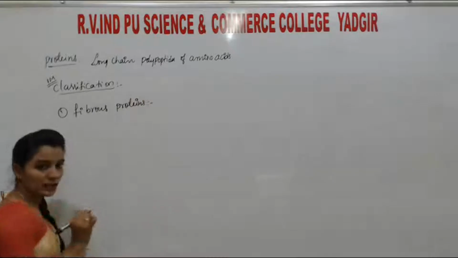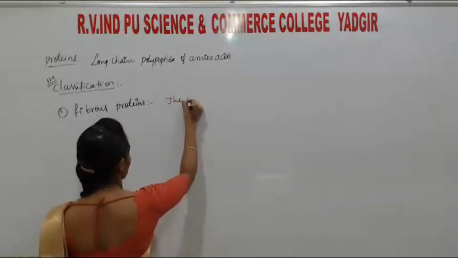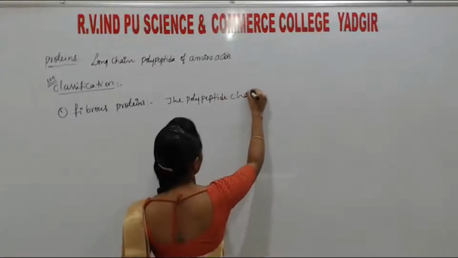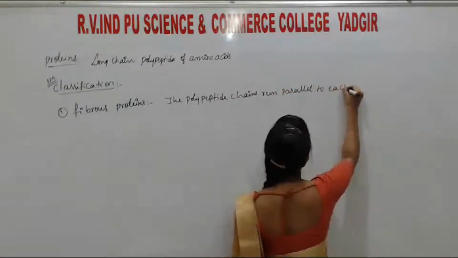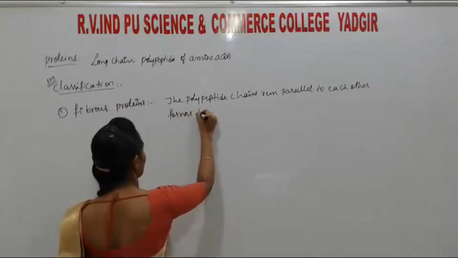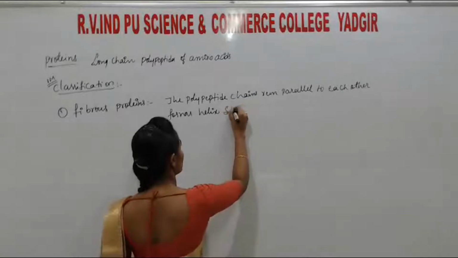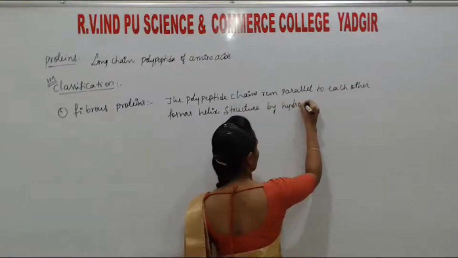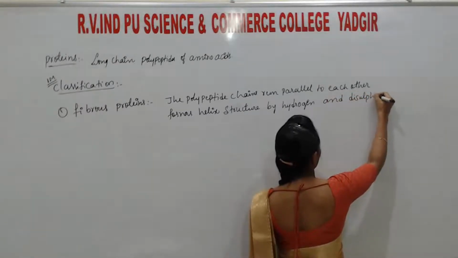So students, in these proteins the polypeptide chains run parallel to each other and form a helix type structure by hydrogen and disulfide bonds.